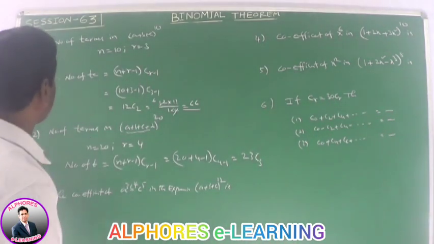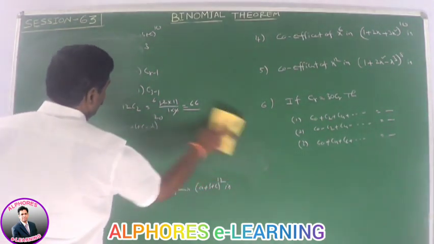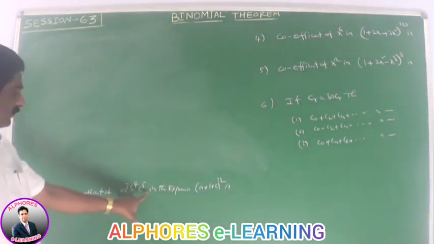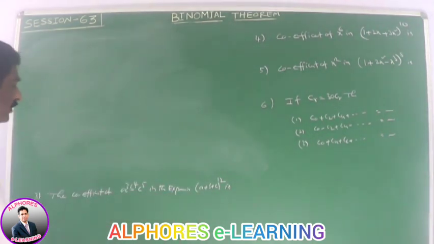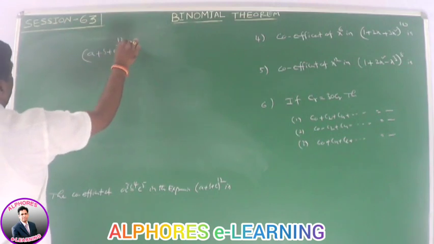The coefficient of a cube b power 4 c power 5 in the expansion a plus b plus c whole power 12. The given multinomial is a plus b plus c whole power 12.